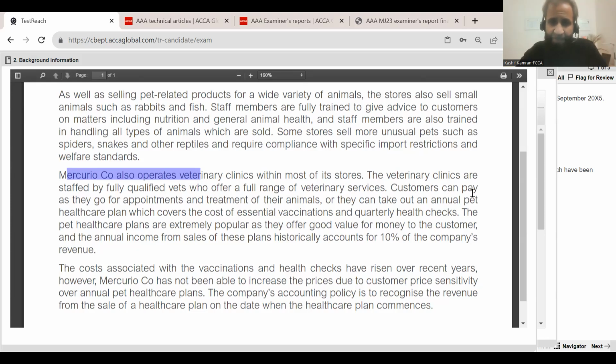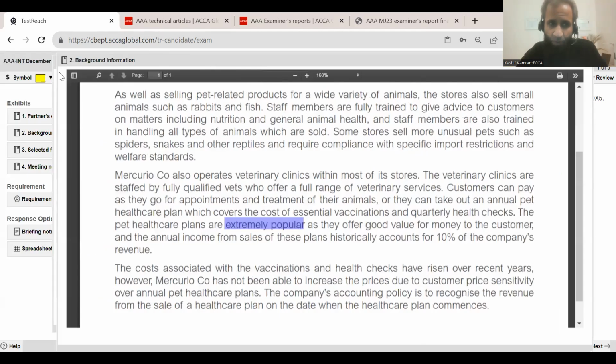The customer can pay as they go for appointments and treatments of their animals, or can take out an annual pet healthcare plan, which covers the cost of essential vaccinations and quarterly health checkups. The pet healthcare plans are extremely popular. So this is a very popular plan among all the customers of Mercurio. Extremely popular.